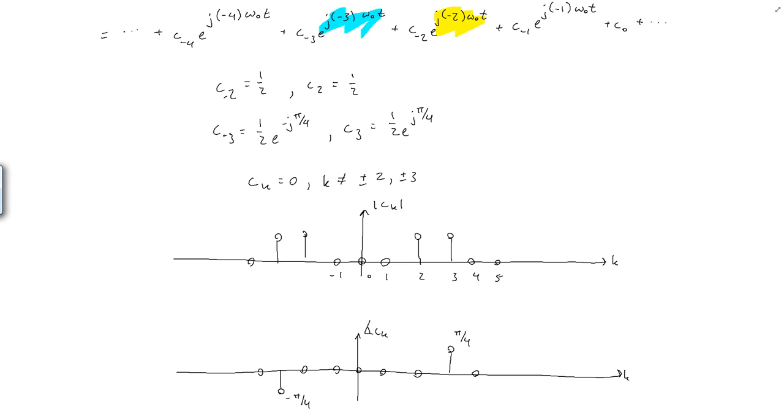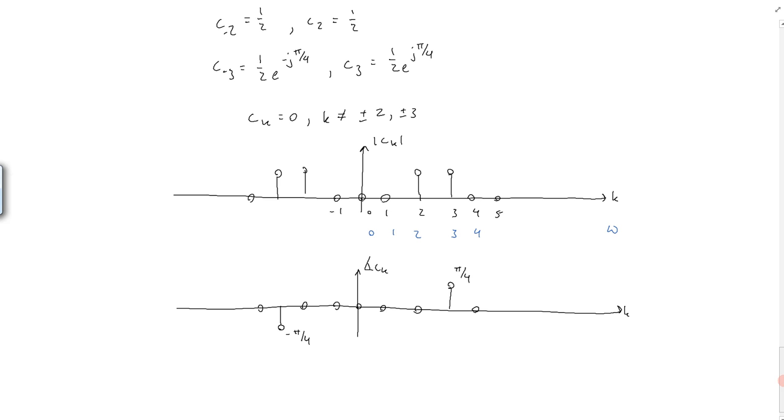Once again, we can look at things in terms of omega, which is in radians per second, and we know our fundamental frequency is 1, so therefore omega is actually in this case going to be the same as k. It's also going to go 0, 1, 2, 3, 4, but now it's not in terms of just this index k, it's in terms of radians per second. It's just that the fundamental frequency happens to be 1 radian per second.